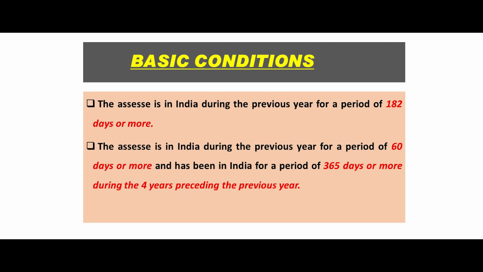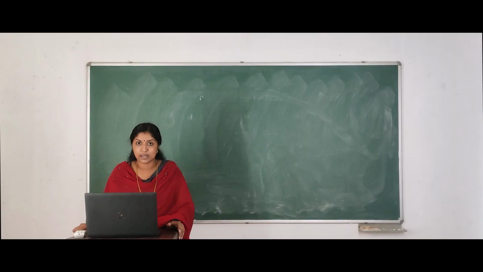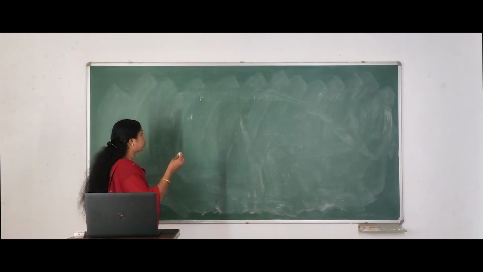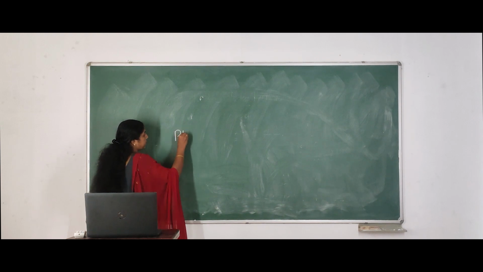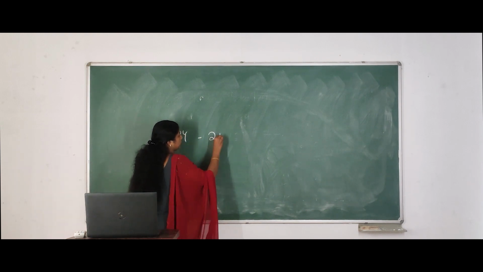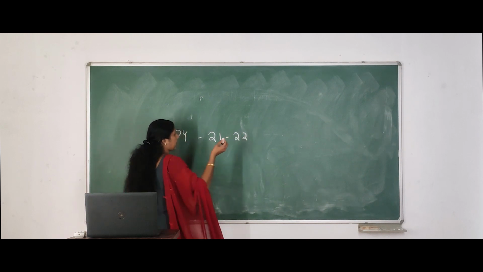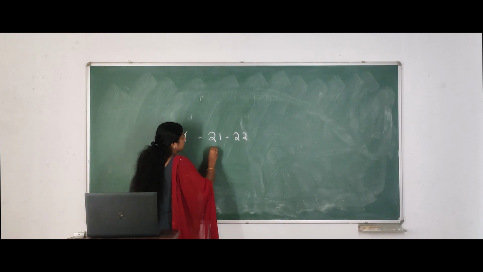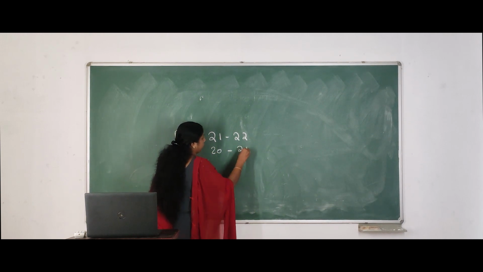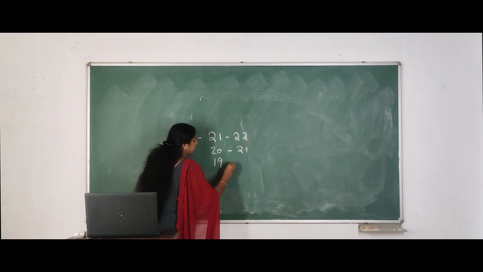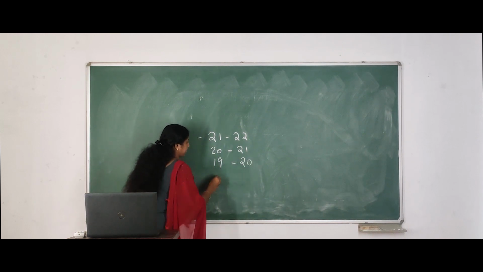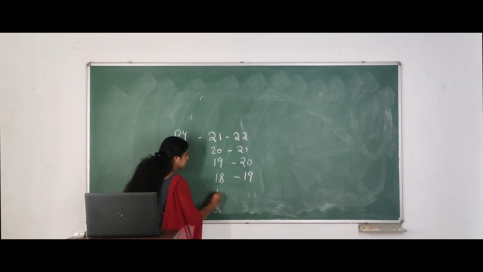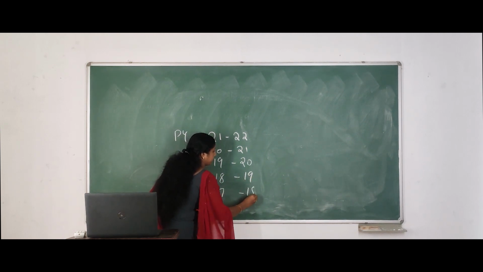We can explain it through an example. Please assume that our previous year is 2021-22, and the preceding 4 years are 2020-21, 2019-20, 2018-19 and 2017-18.